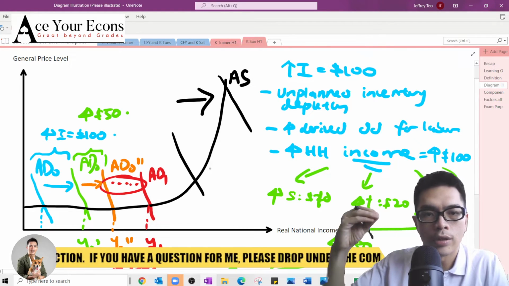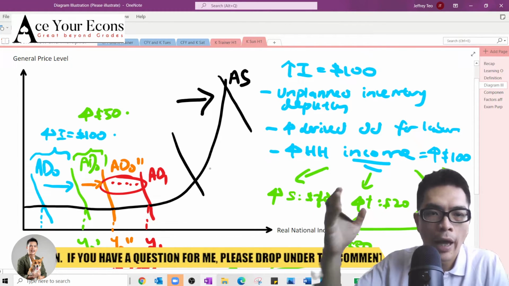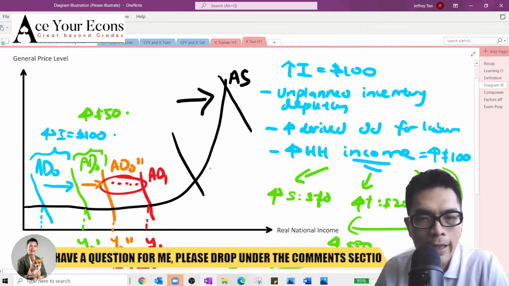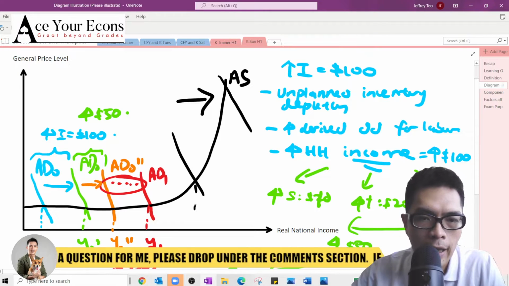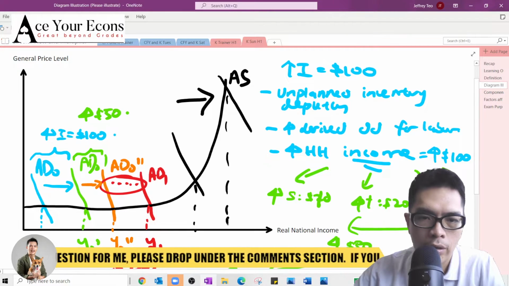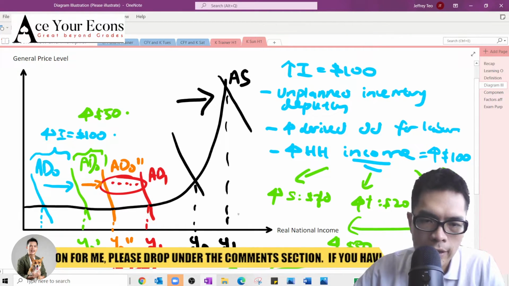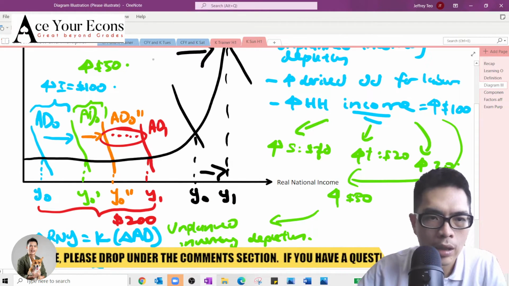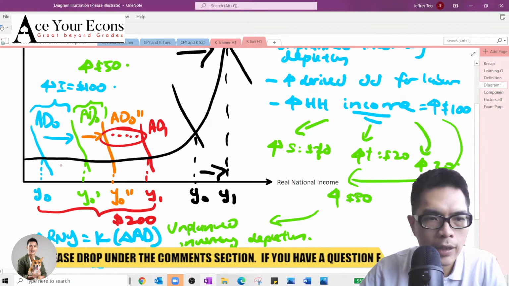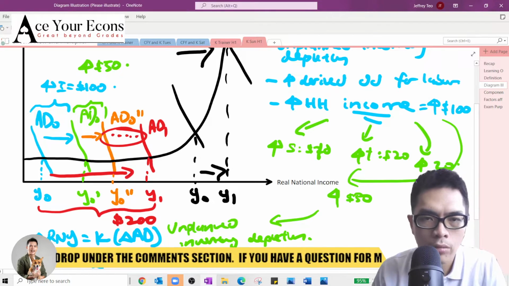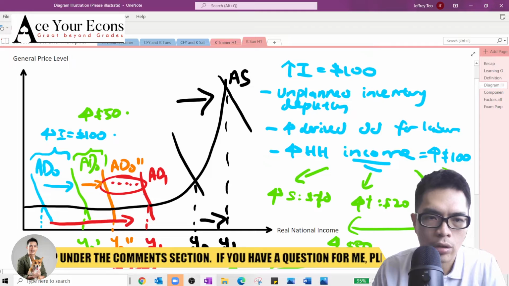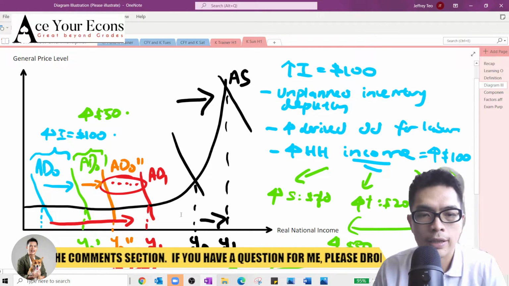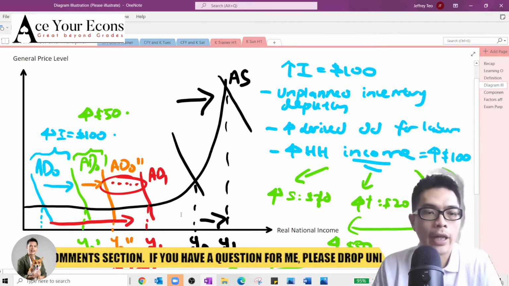When your resources are fully exploited, any further increase in your AD will lead to higher inflation and a lesser extent of increase in your real national income. You can see that the increase in your real national income from Y0 to Y1 is significantly smaller than at the Keynesian region. We assume that the black arrows are the same magnitude as the blue and the red arrow, so you can see that there are differing gaps between them.